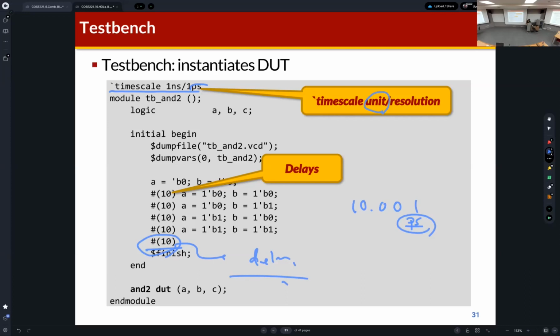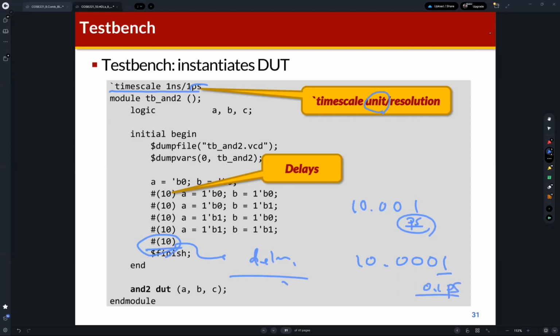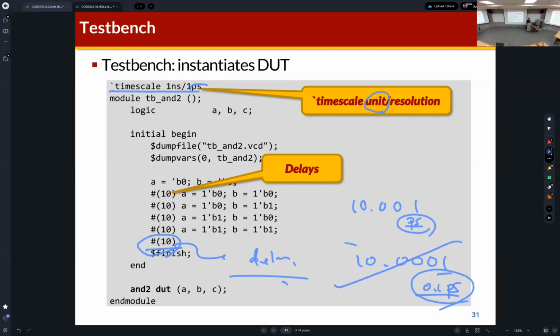But it's not allowed like 10.0001, because this is 0.1 picosecond, right? In this code, I said 1 picosecond is the resolution of the time unit, so this is not allowed.